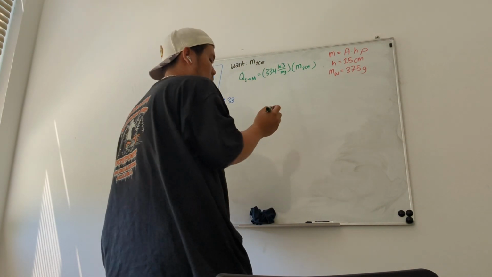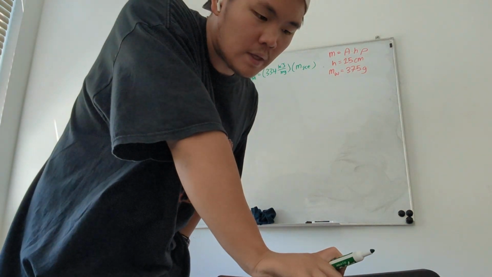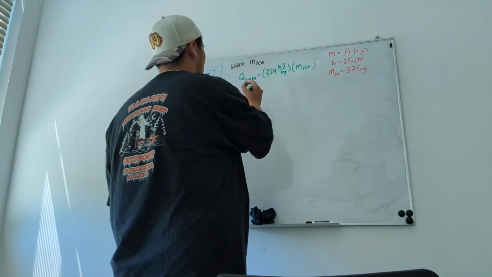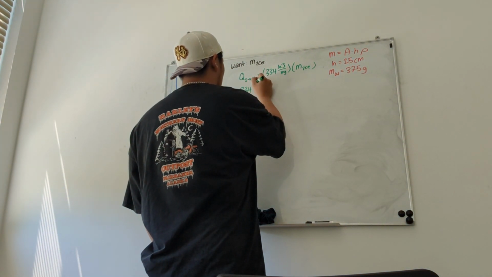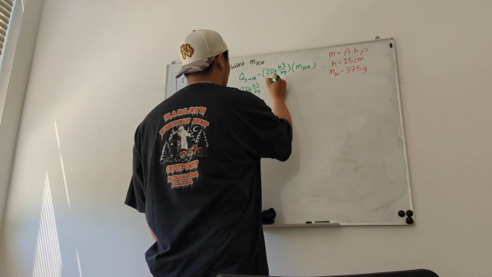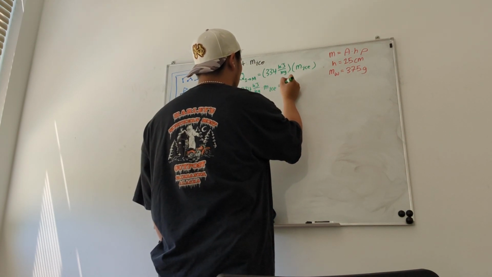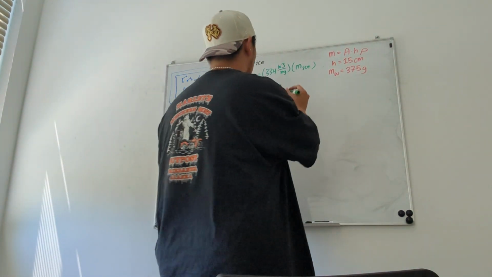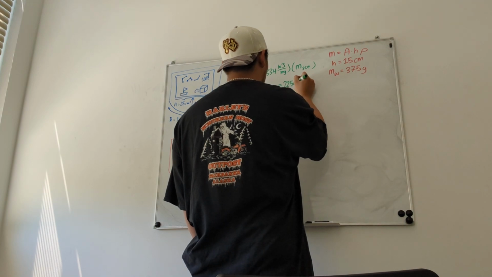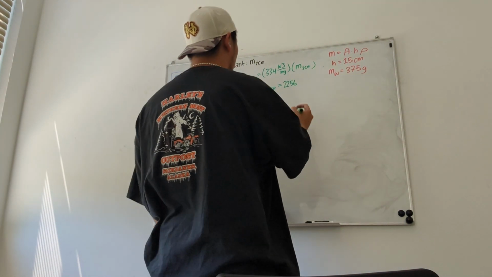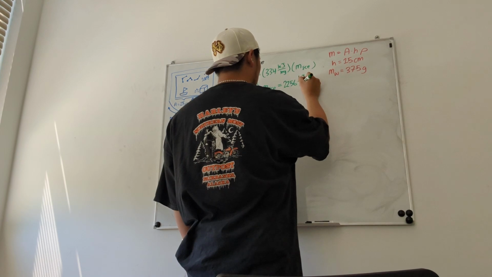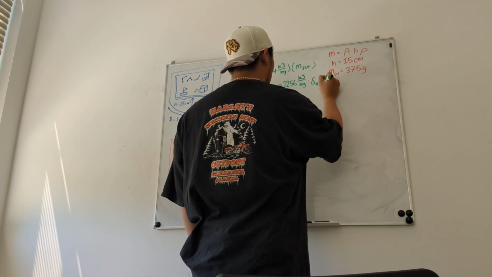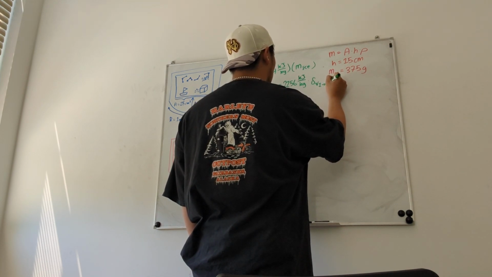Now we can take that and calculate how much vapor has been produced by using that as a Q value. So we get 334 kilojoules per kilogram times the mass of ice is equal to the heat of vaporization, which is 2256 kilojoules per kilogram, times the mass of vapor from initial to the middle.